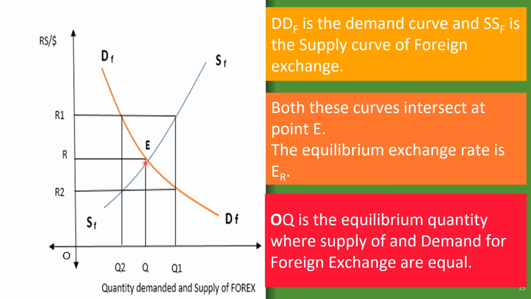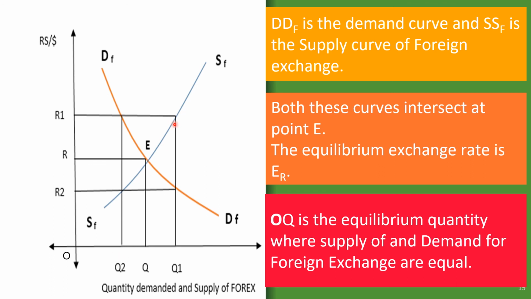Consider that the rate of exchange is $1 equals 70. Say for example, if $1 is equal to 75, that means we need 75 rupees to buy $1. At this new rate, the demand for dollars is less, that is OQ2.